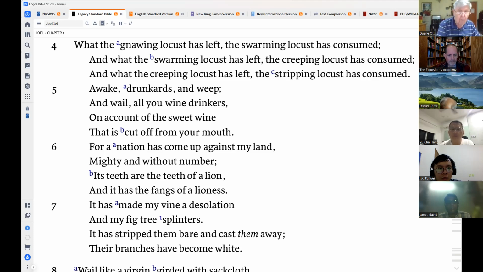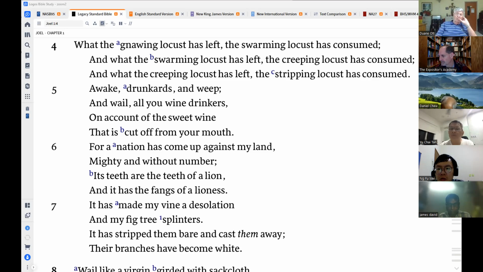Awake, drunkards, and weep, and wail, all you wine drinkers, on account of the sweet wine that is cut off from your mouth. For a nation has come up against my land, mighty and without number.